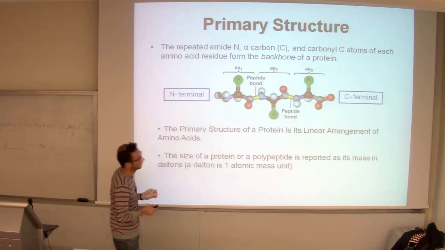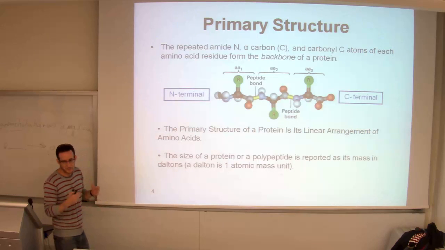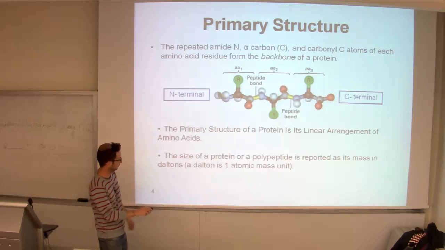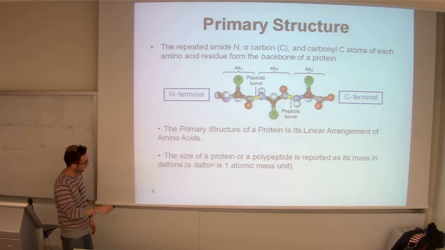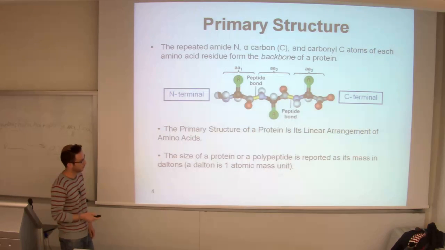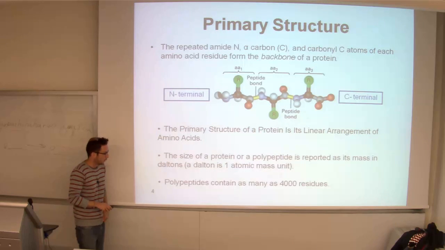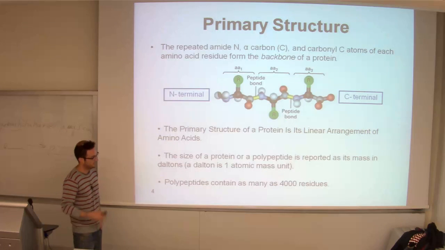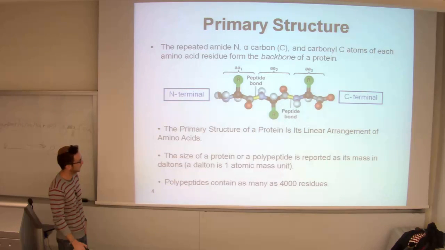It's something like 10 to the minus 27 kilograms. So we will use atomic mass units or daltons, which is really the same, for different proteins, or kilodaltons. And proteins can be as long as 4,000 residues, so they can have a very big mass, and they can be long. We'll see it later on.